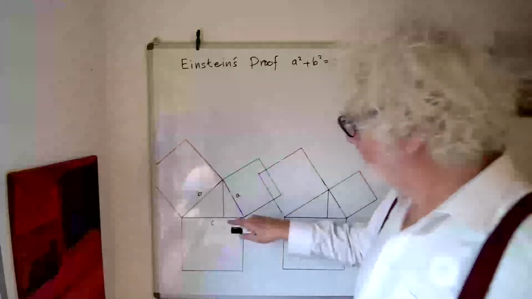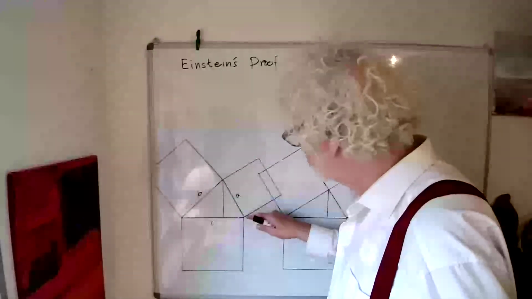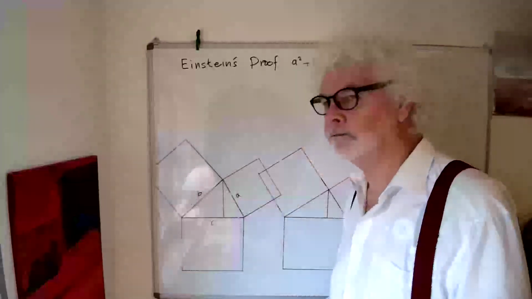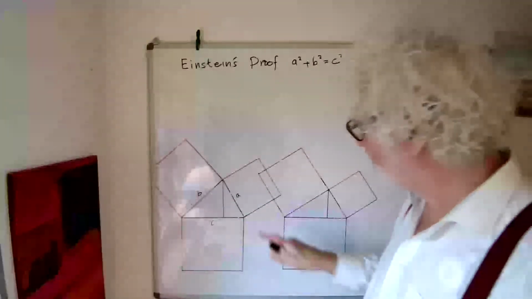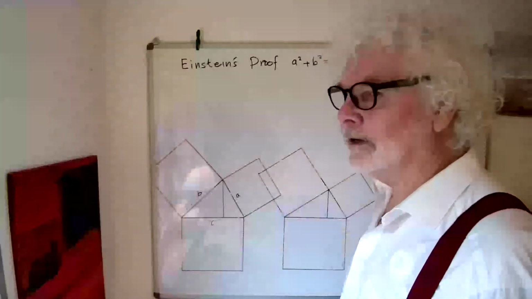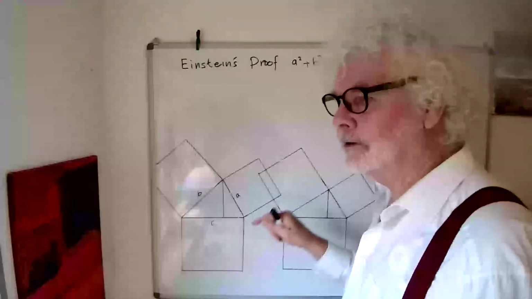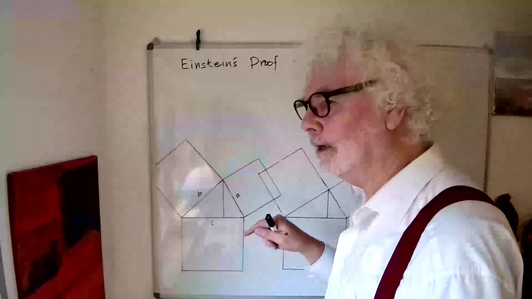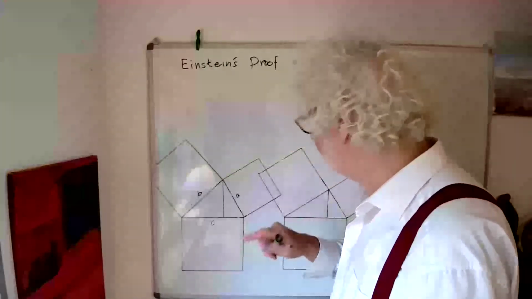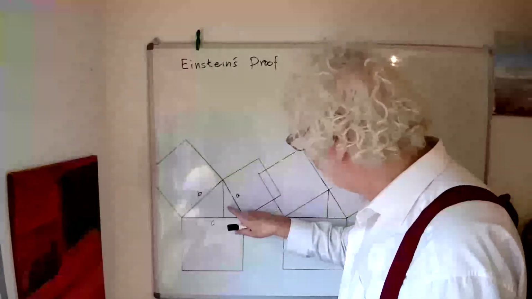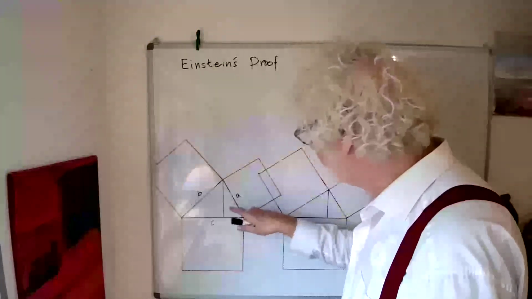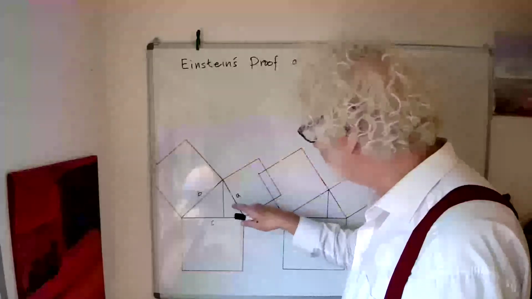Now each of these three triangles, the smallest, the middle-sized one and the biggest one, has its area in a ratio with the square belonging to it.